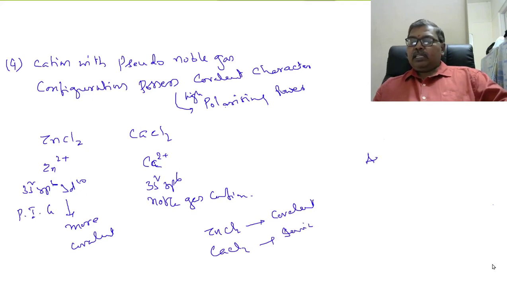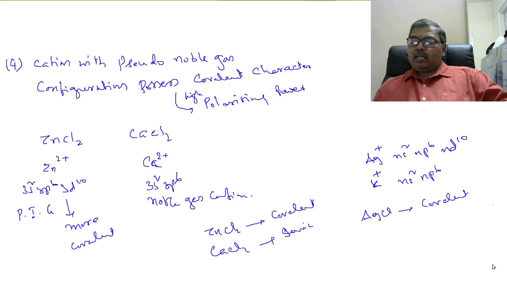Similarly, Ag plus ion has ns2 np6 nd10 configuration, whereas potassium chloride, for example, K plus is ns2 np6 configuration. So that is why AgCl is covalent and KCl is an ionic compound.